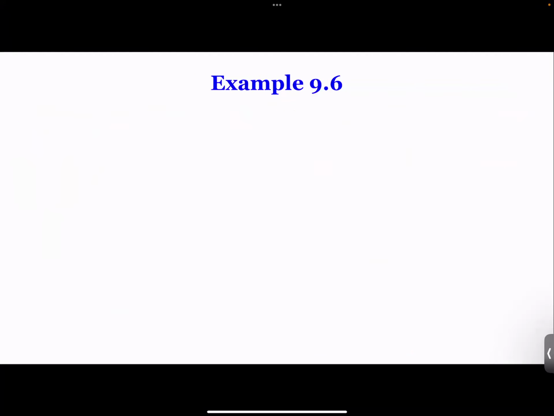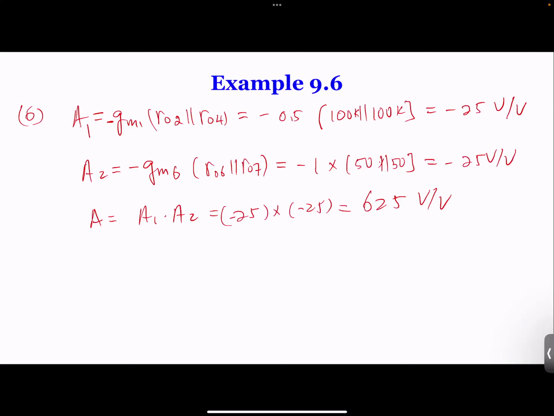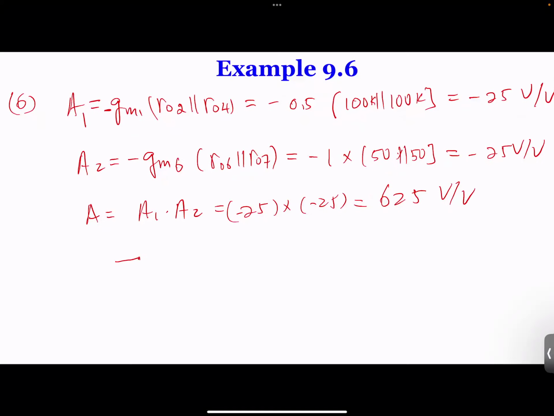Okay, so you might ask, how do you get A1 and A2? This is something we have studied earlier. But if you really want to see why, you can draw the pi model for this type of transistor. It's very easy because you have the input, the output, and the load device.